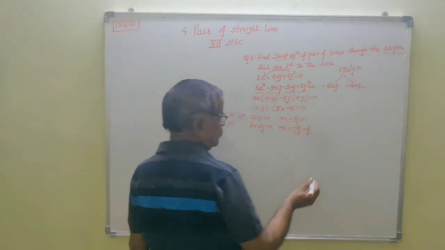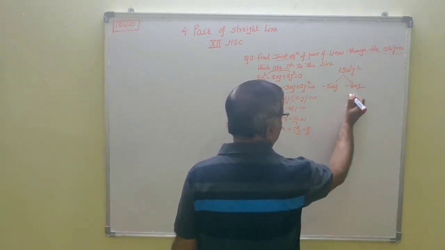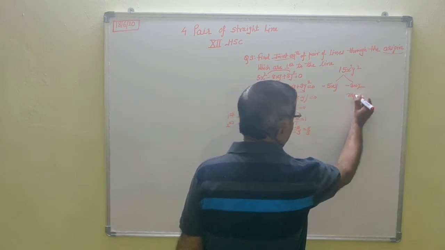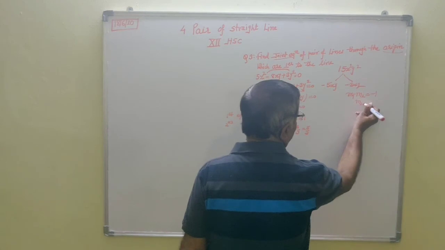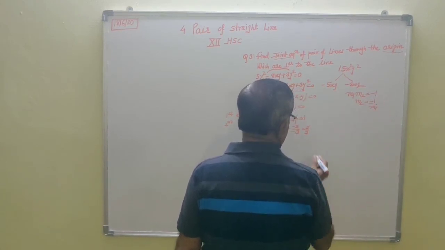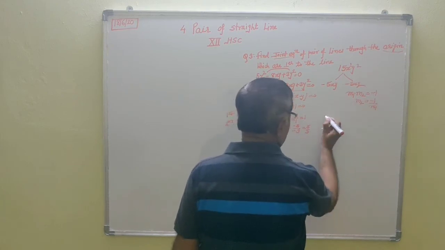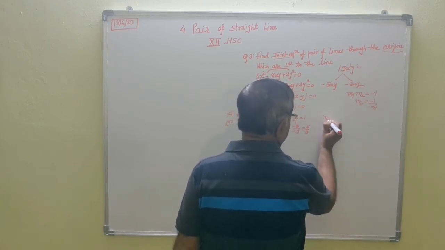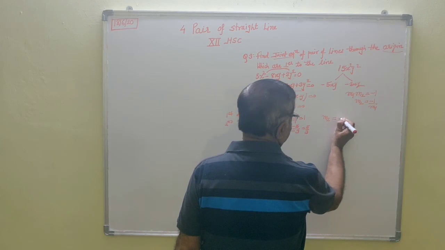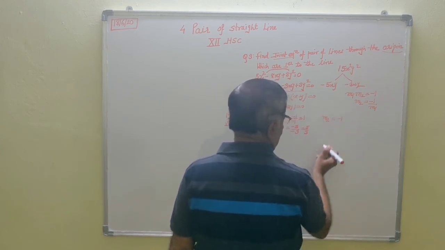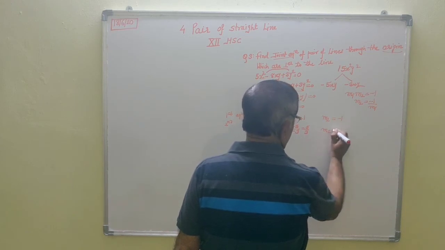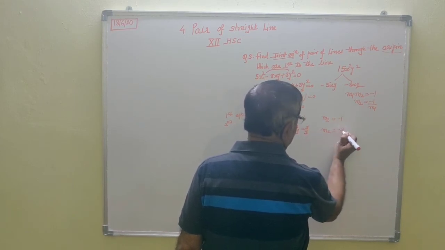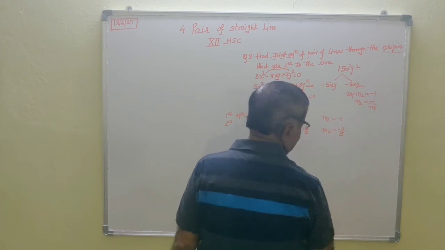Now you know if the lines are perpendicular, what is the condition? m1 into m2 is equal to minus 1. So m2 is minus 1 upon m1. Using this formula, I get m2 here is minus 1 for the first line, and m2 is equal to minus 3 upon 5 for the second.